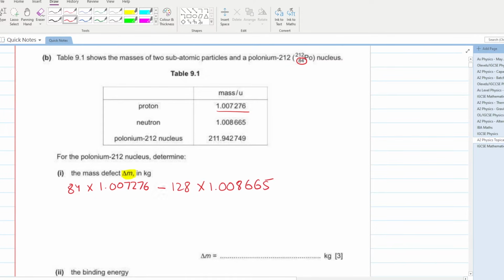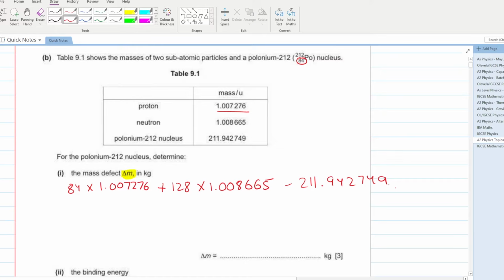This is the mass of the nucleons separately. And what is the mass of the nucleus? Minus 211.9427942749.